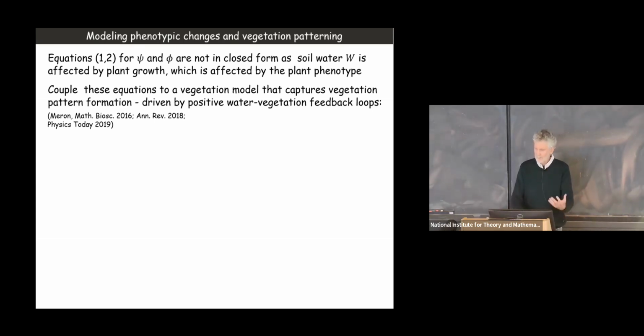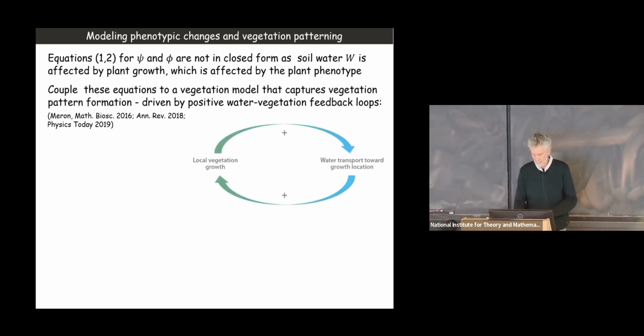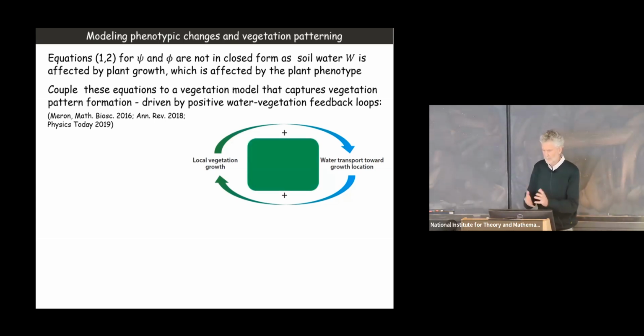Vegetation pattern formation is driven by positive water-vegetation feedback loops. It's a feedback between local vegetation growth and water transport towards the growth location. With this feedback in mind, we can imagine a uniform vegetation, like grassland. And now we decrease precipitation.